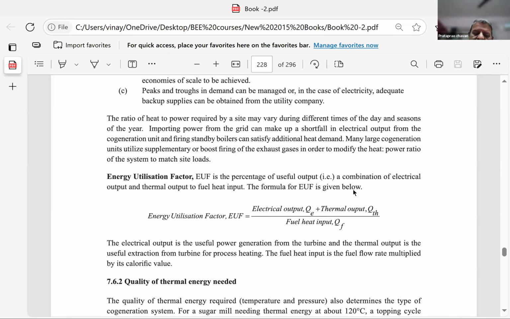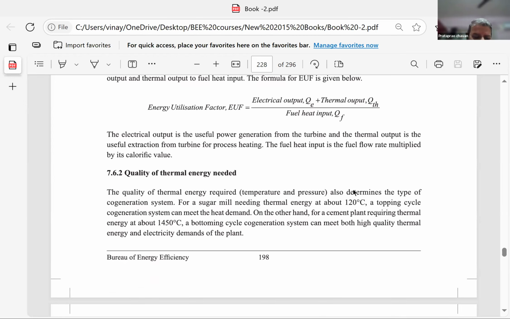Then minor 10%, 20% losses you can account for. But if your utilization factor is hardly 50, that means you are wasting the remaining 50% heat. And where it is wasted, you check the processes and try to improvise. That is the tool in the hand of the energy auditor to check the EUF and find out where something is going wrong.